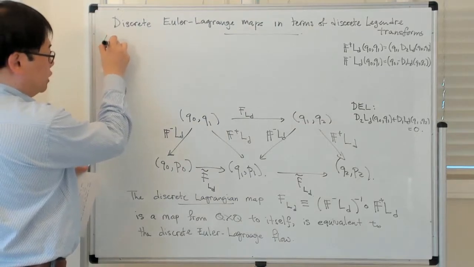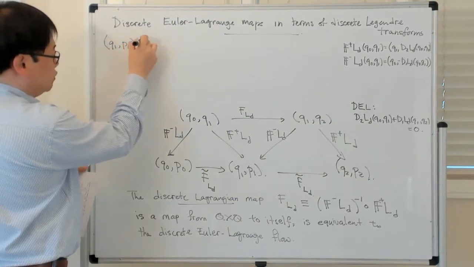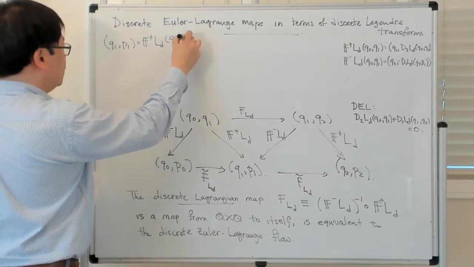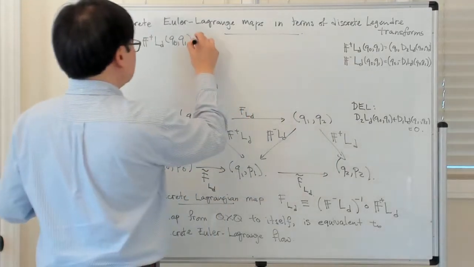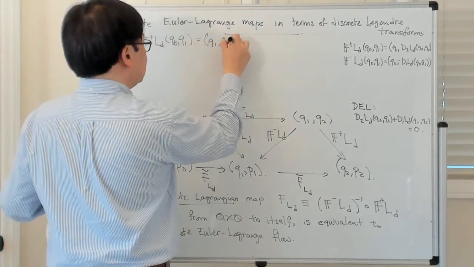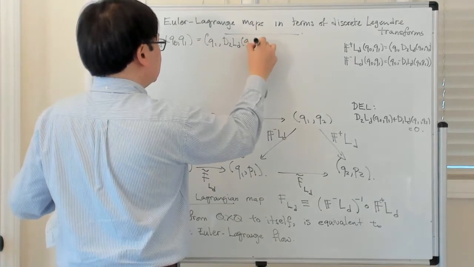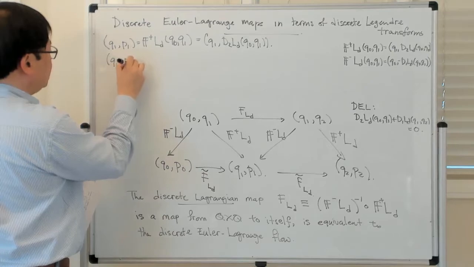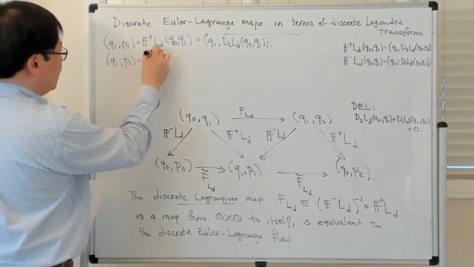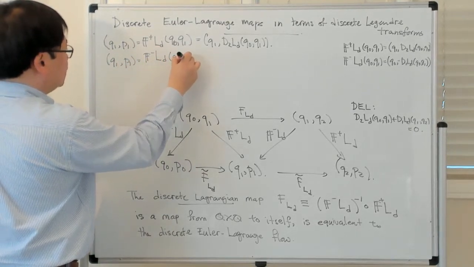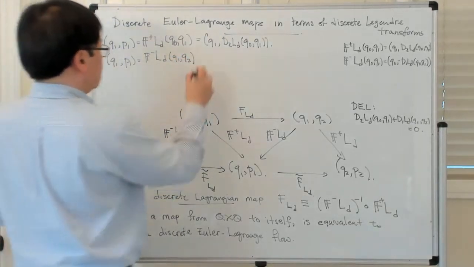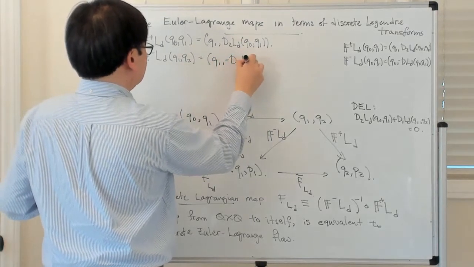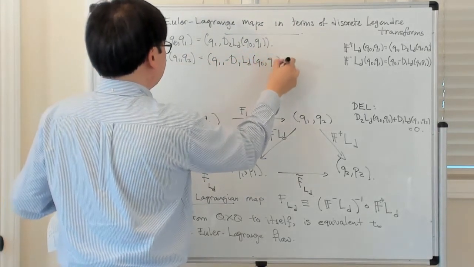That's saying that (q1, p1) is equal to F+ L_D(q0, q1), which by the definition is (q1, D2 L_D(q0, q1)). It's also saying that (q1, p1) is equal to F- L_D(q1, q2), which is equal to (q1, minus D1 L_D(q1, q2)).